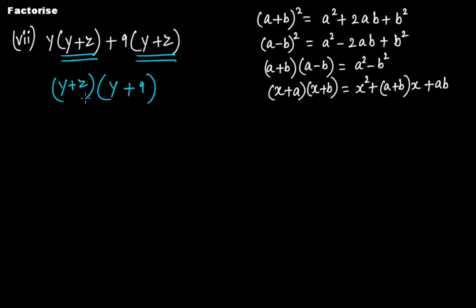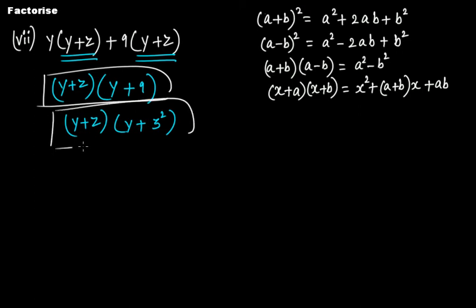Which property have we used here? We have used distributive property of multiplication over addition. Okay, now if you want this, you can write this as y plus z multiplied by y plus 3 squared if you want. Both these two are correct, whichever you want. So this is the required factorization of this algebraic expression.